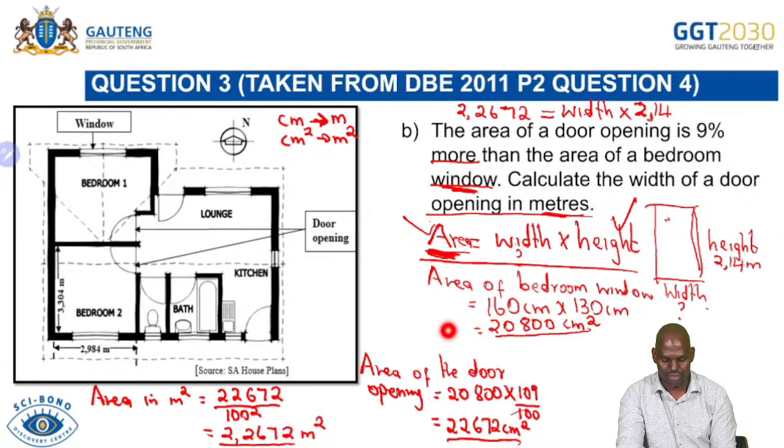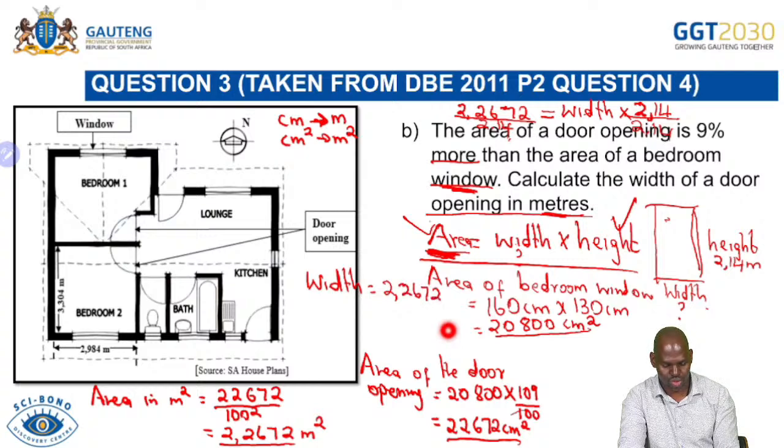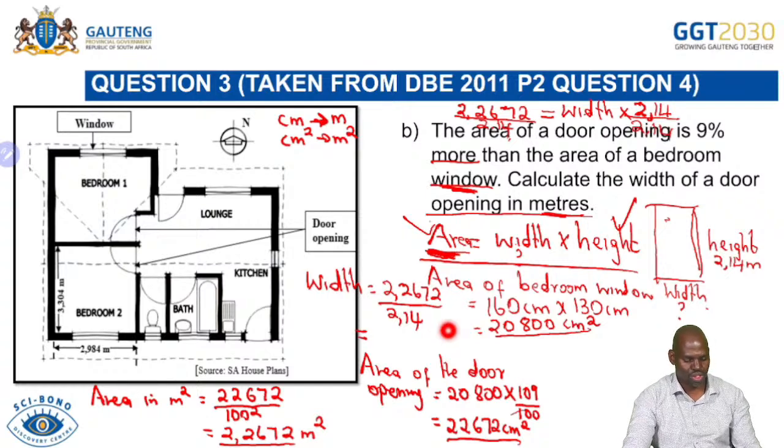If we want to know the value of the width, we are now going to divide both sides by 2.14. We say multiply by 2.14, we divide by 2.14. So the width will be equal to 2.2672 divided by 2.14.